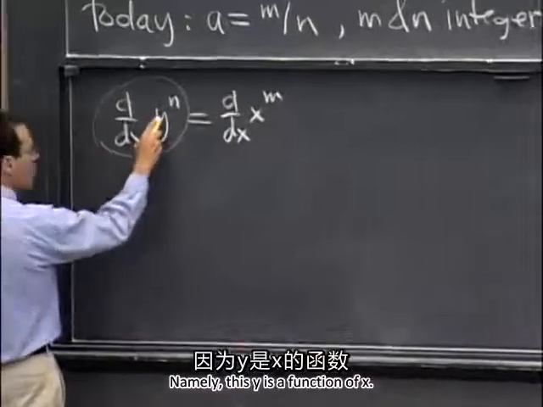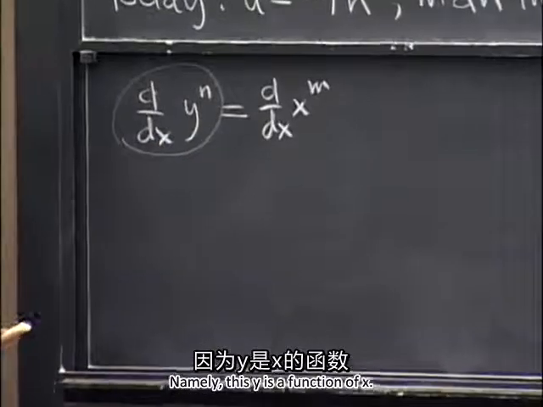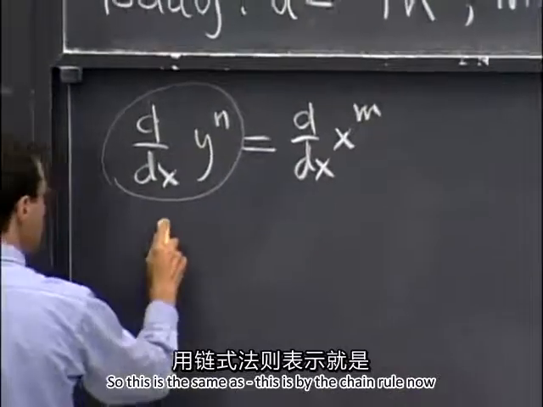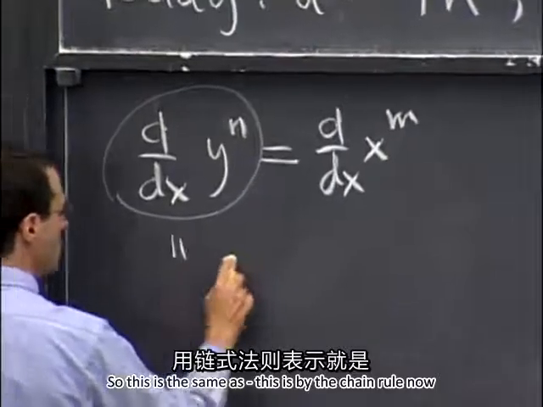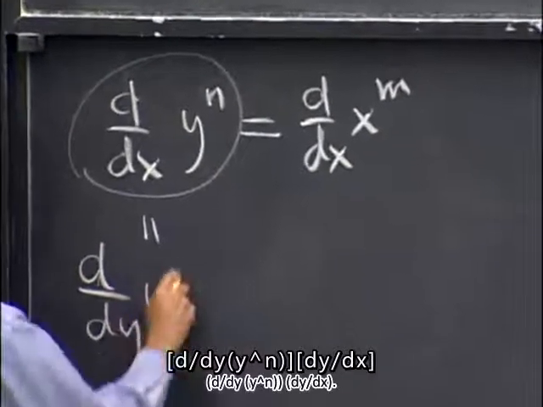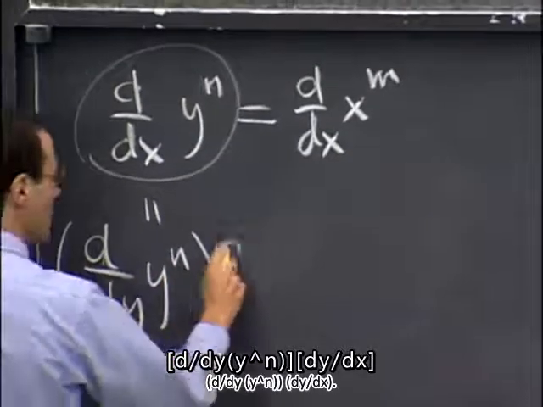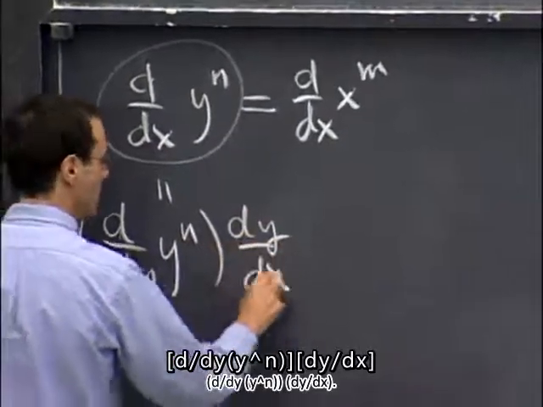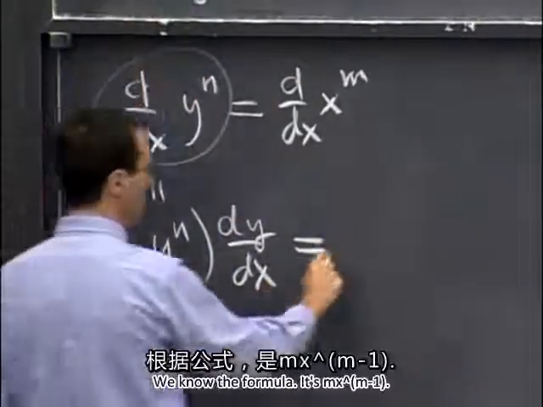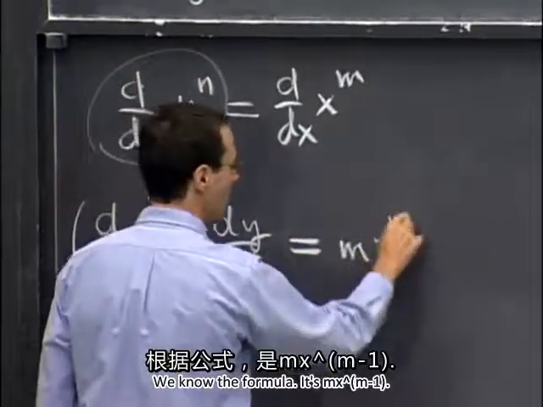Namely, this y is a function of x. So we have to apply the chain rule here. So this is the same as, by the chain rule now, d by dy of y to the n times dy dx. And then on the right-hand side, we can just carry it out. We know the formula. It's m x to the m minus 1.